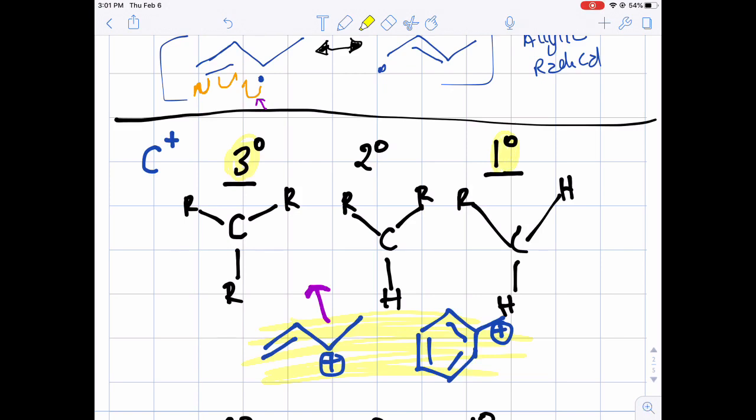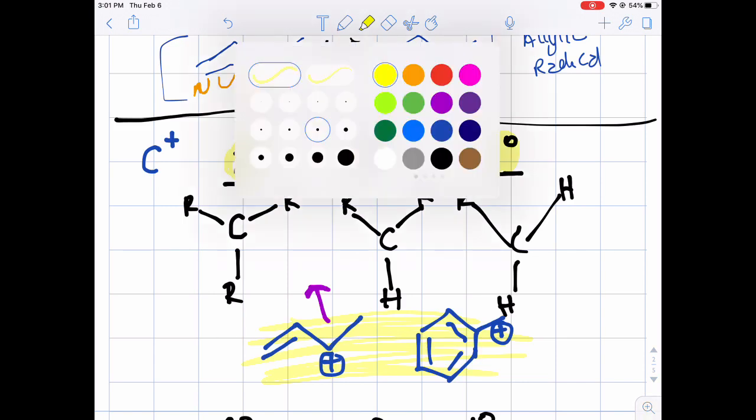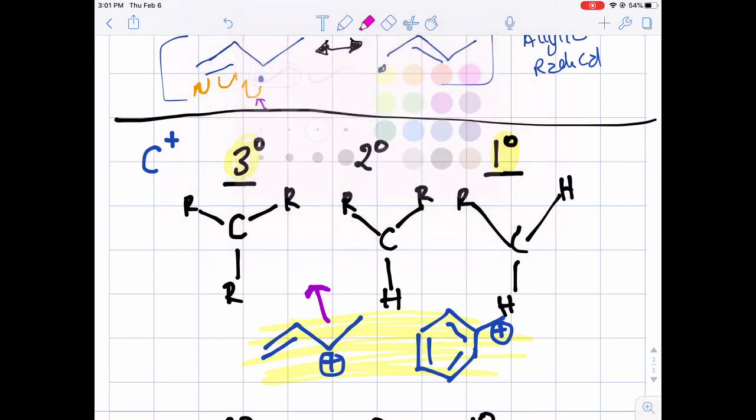Tertiary meaning the carbon is connected to three other carbons, and this is for a carbocation, right? I forgot to put the charge. So this is for a carbocation. It's going to be more stable if it's tertiary, and least stable when it's primary.